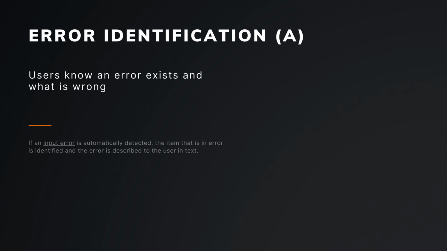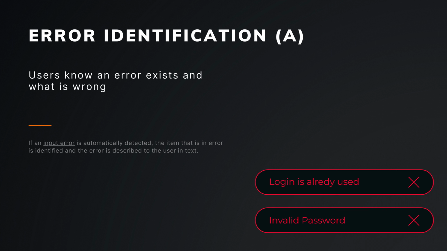When we make a mistake on a website, for example during login or sign in, the website should tell us what we did wrong. For level A, it's important that errors are easy to see and understand. If there are any errors like wrong password or login is already used, the website should point it out clearly with a message.